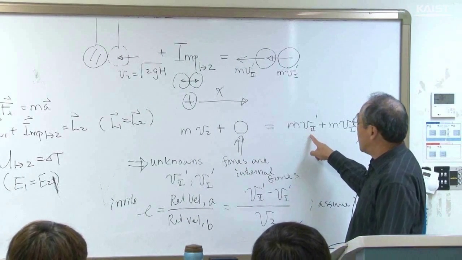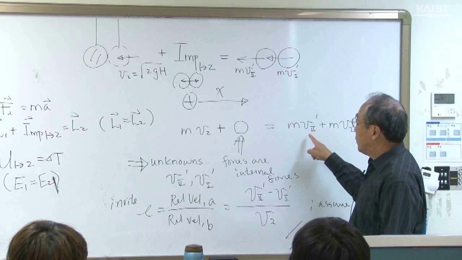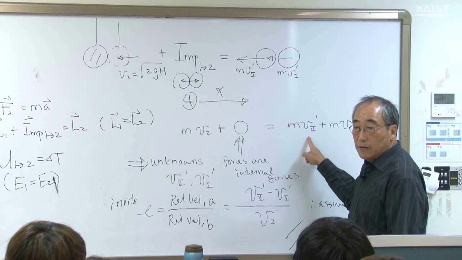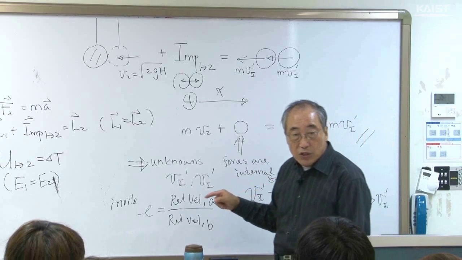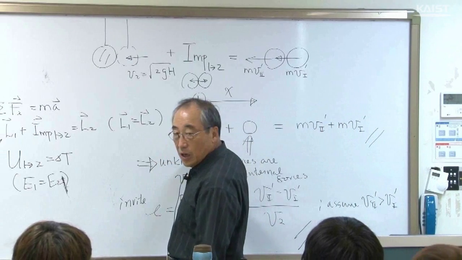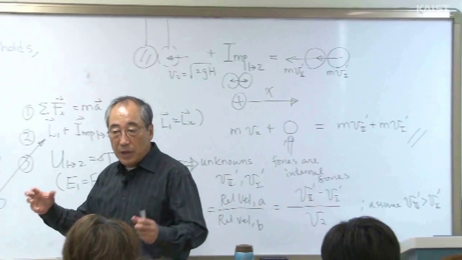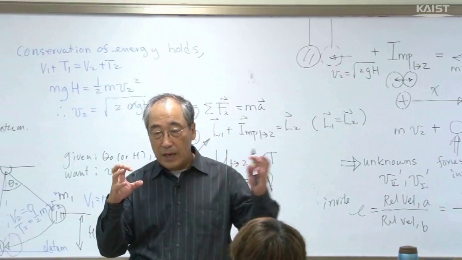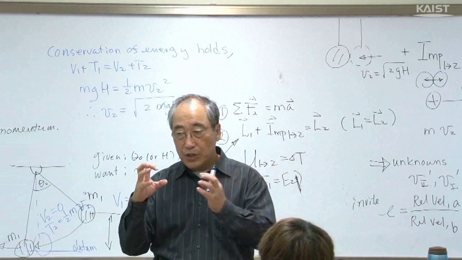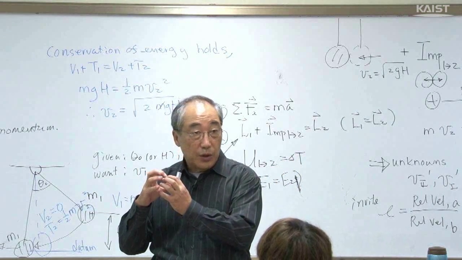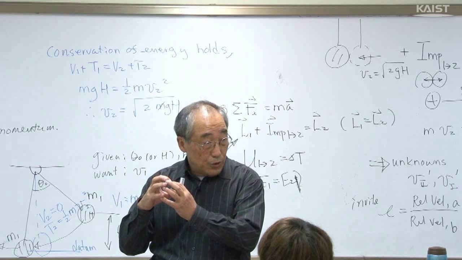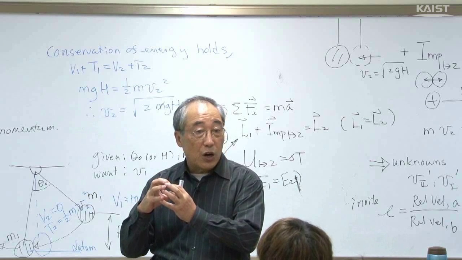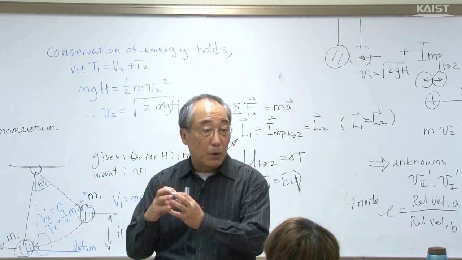Therefore, the velocity V2 prime is half of the velocity of this one. So that physically means I have two masses, and this one mass will stick to that mass. Therefore, the velocity has to be reduced by half because of conservation of linear momentum.